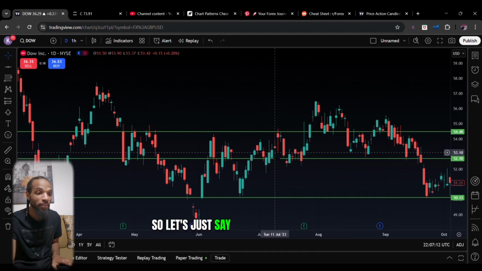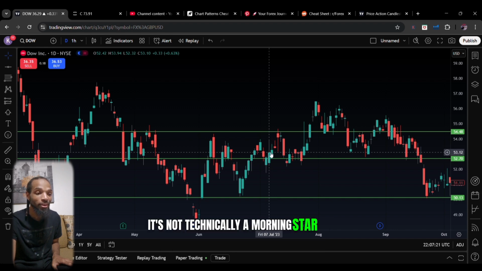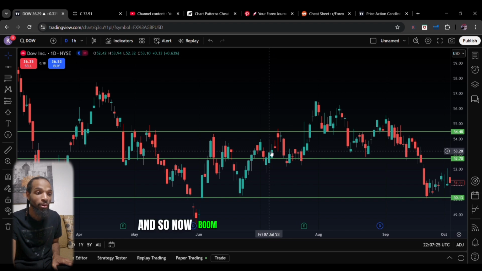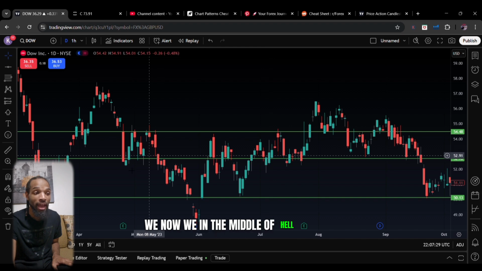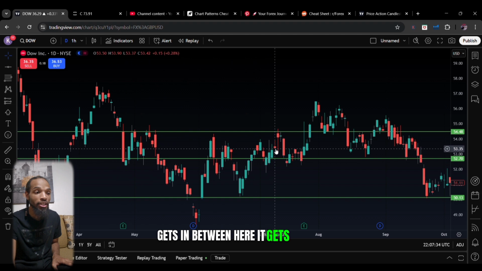So let's just say I put in around right here because it goes boom, boom, boom. And it's not technically a morning star, but let's just say it is because it kind of resembles it. And so now, boom, we put an entry in right here. Now we're in the middle of hell, because like I said, it's choppy. When it normally gets in between here, it gets choppy.